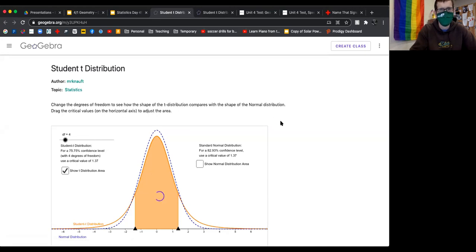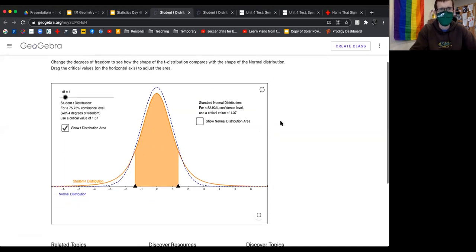Okay. And the t distribution will maybe at first look like it doesn't even make that big of a difference. The t distribution in this is this kind of tan color, and the blue line represents a normal distribution. So visually, I couldn't look at a curve and decide that it was a normal or a t distribution.